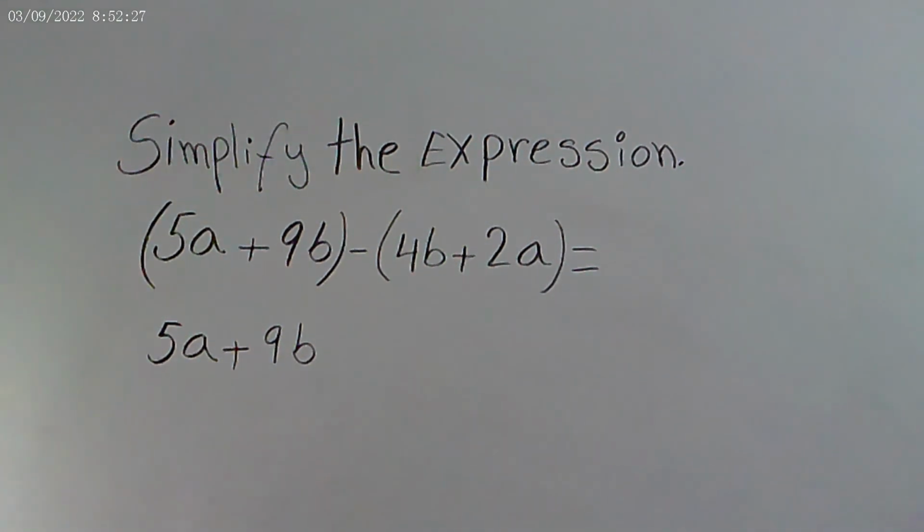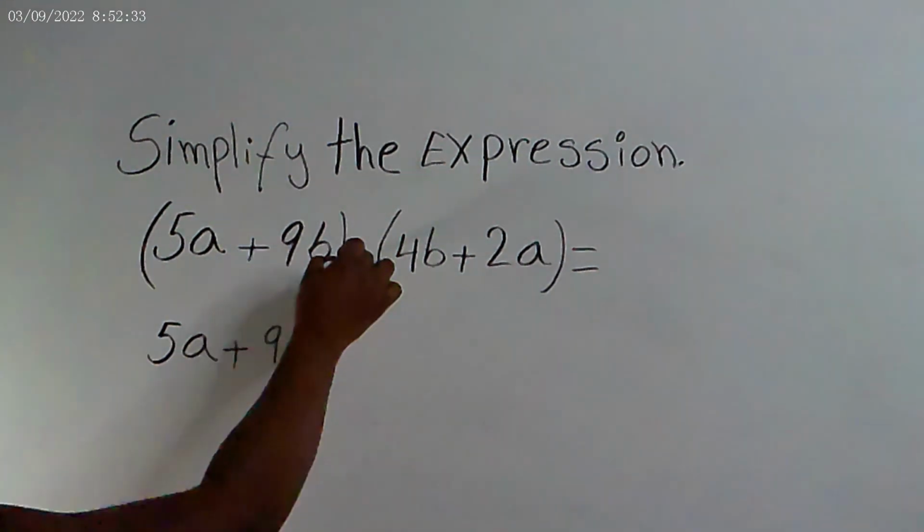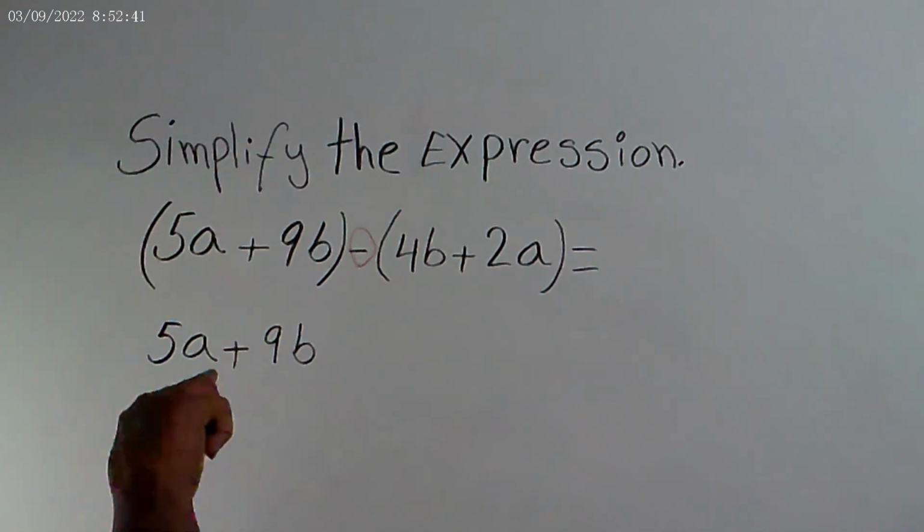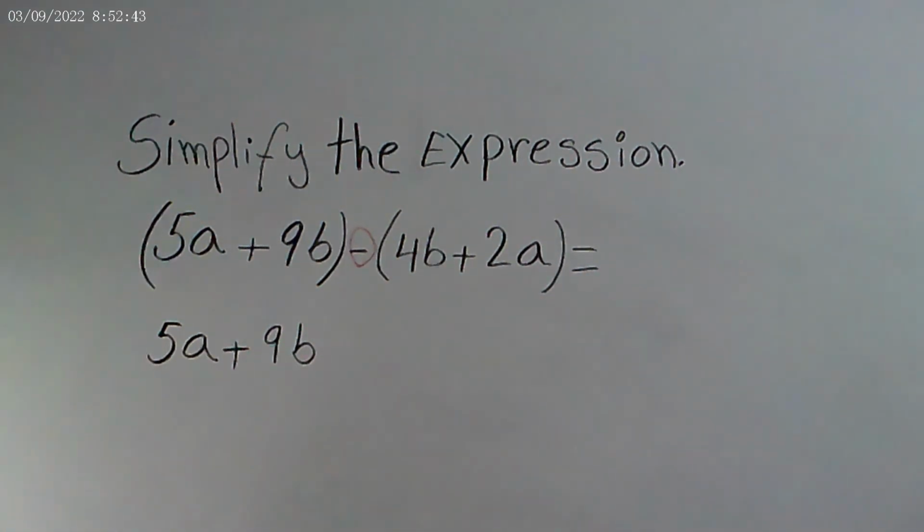So on the next part, it's a little bit tricky right here. When you have a minus in front of a parenthesis, that minus is going to change the sign of all the numbers you have inside the parentheses. Okay? You're going to change all the signs of the numbers inside of the parentheses.